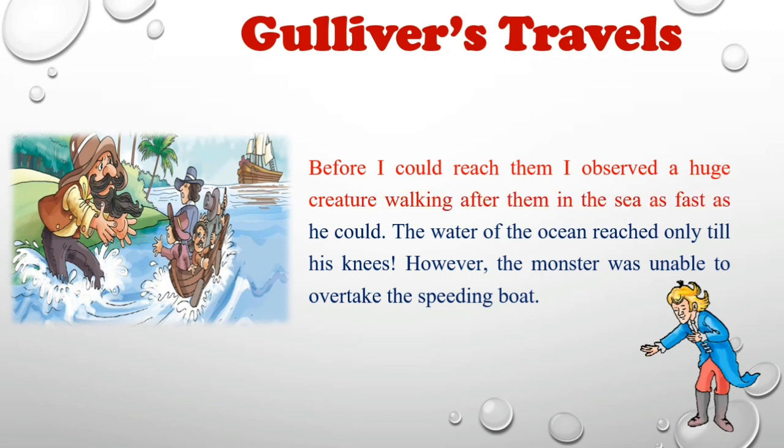I observed a huge creature walking after them in the sea as fast as he could. The water of the ocean reached only till his knees. However, the monster was unable to overtake the speeding boat.